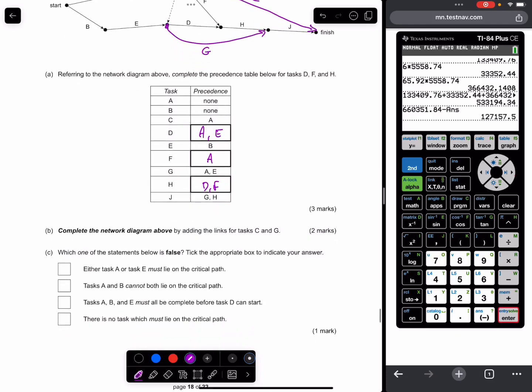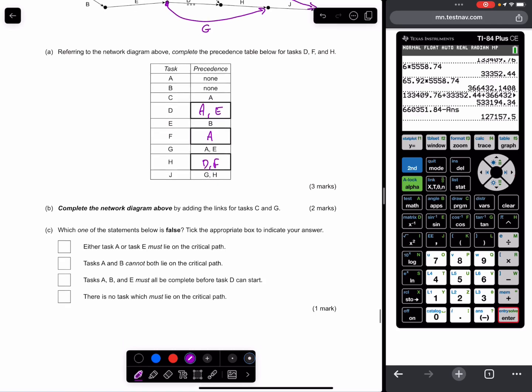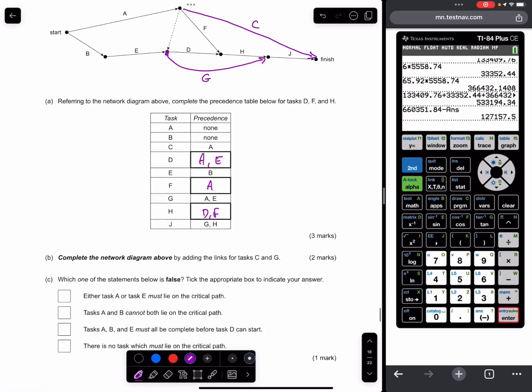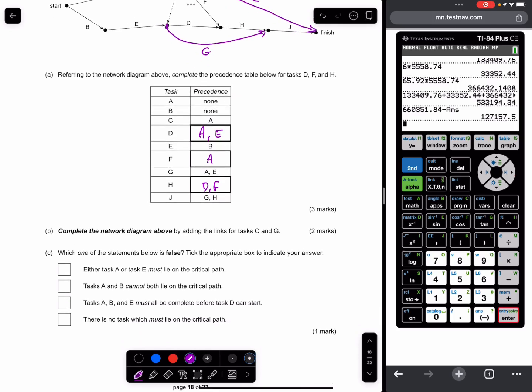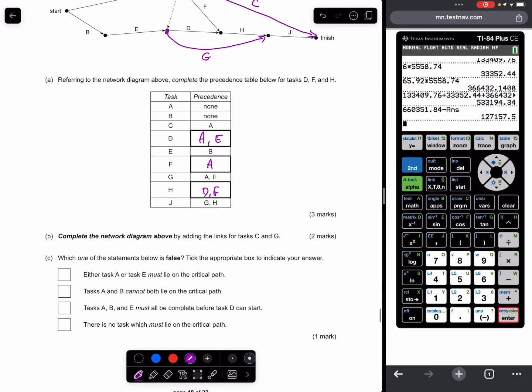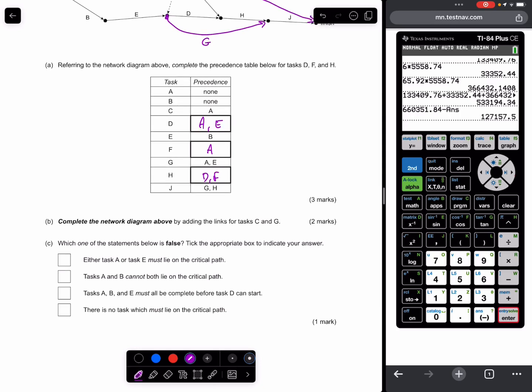Oh, this is a tricky one. I'm almost prepared to take the hit on that 1 mark.